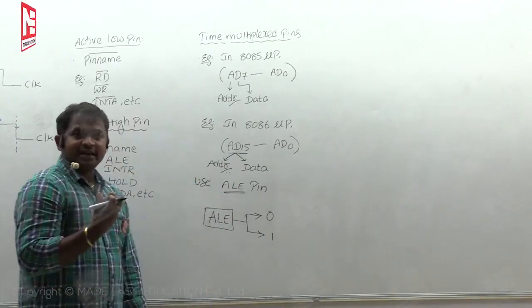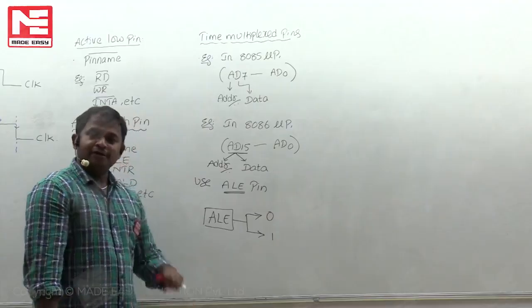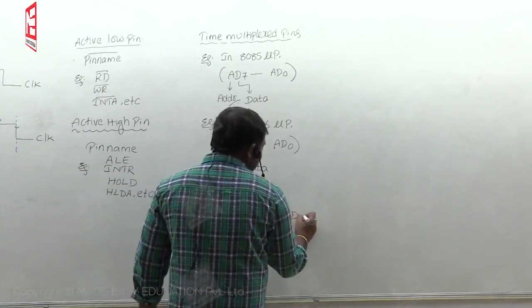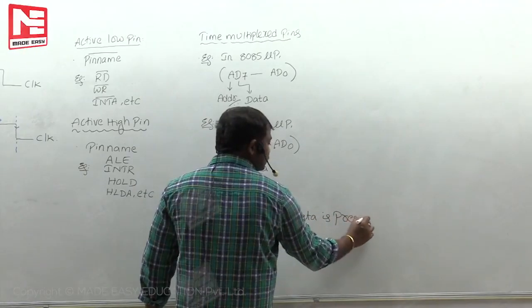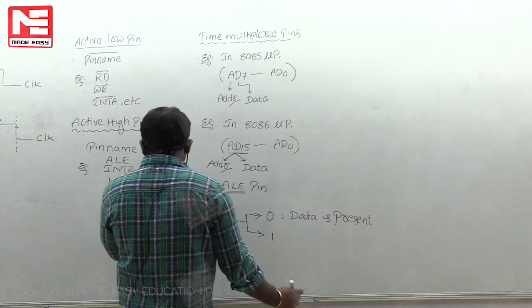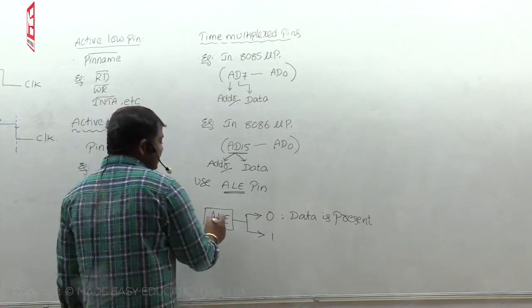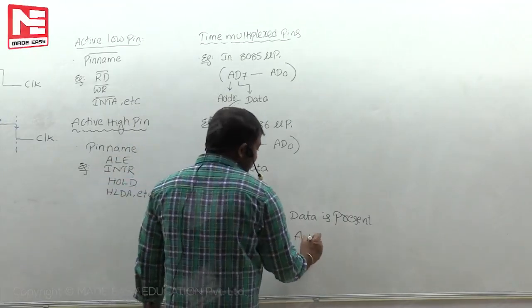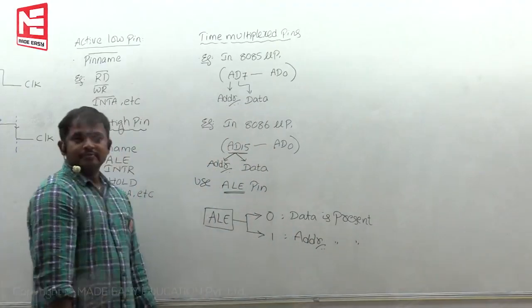When ALE status is 0, this is an active high pin, therefore this pin is disabled. Address is disabled means data is present. Data is present on the time multiplexed pins. When ALE pin is 1, this pin is active, then address is present. Like this.